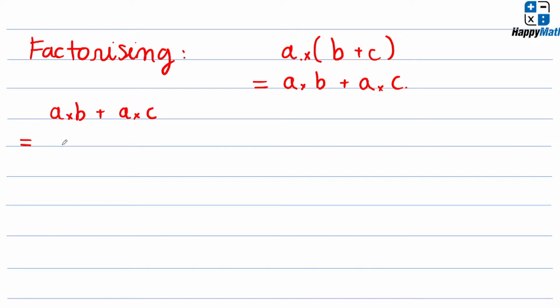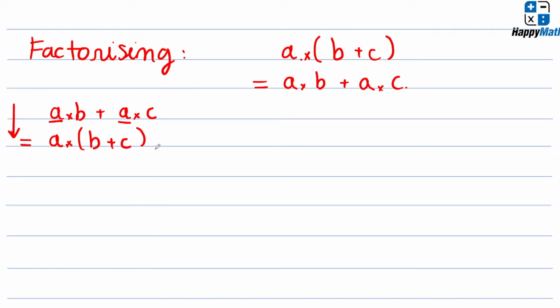It means something multiplies something. We can see that the common factor is a. I can take a outside, and the rest inside the bracket is b plus c. So this expression we call factorizing.